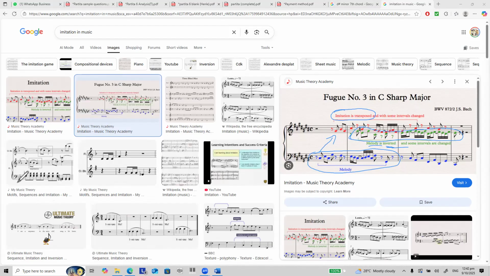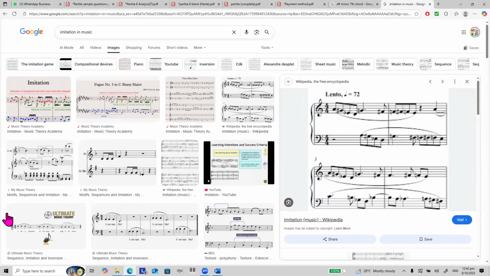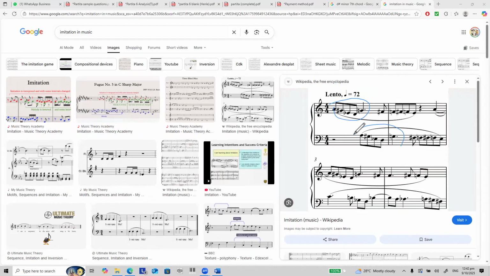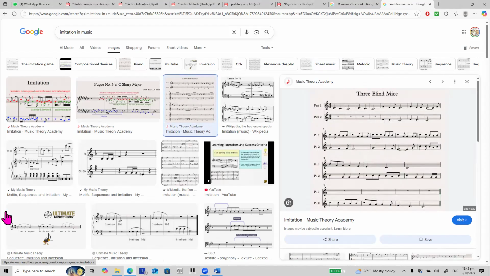Another example, you can see between the hands, between left and right. First of all, this introduces the melodic shape, and then immediately it occurs in another voice. Another type of imitation is the same voice. The melody will be repeated in the same voice. Let me find you some examples.